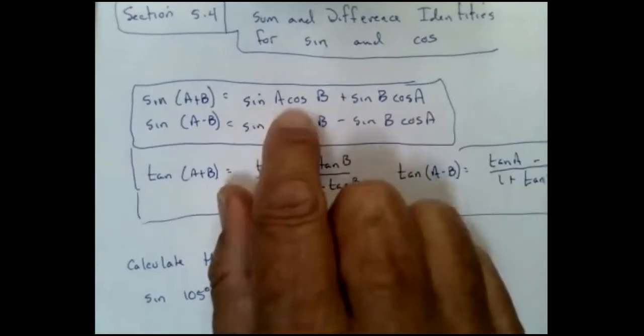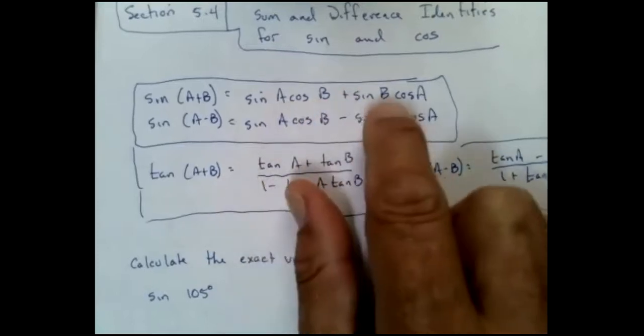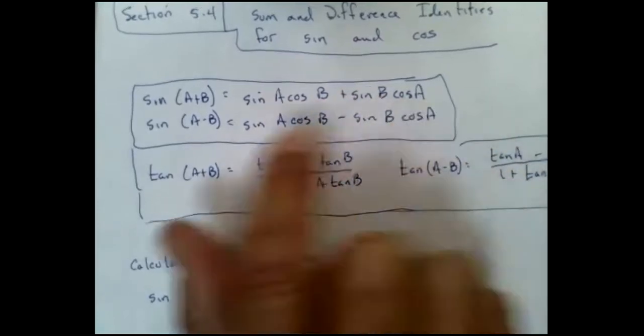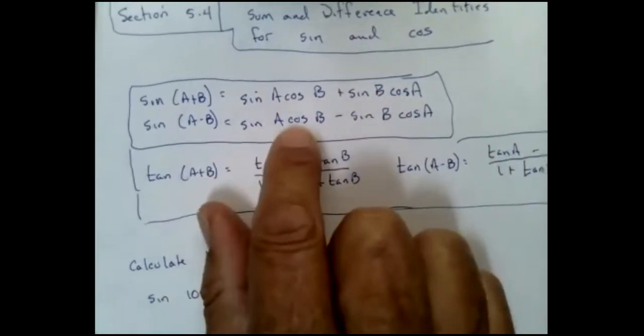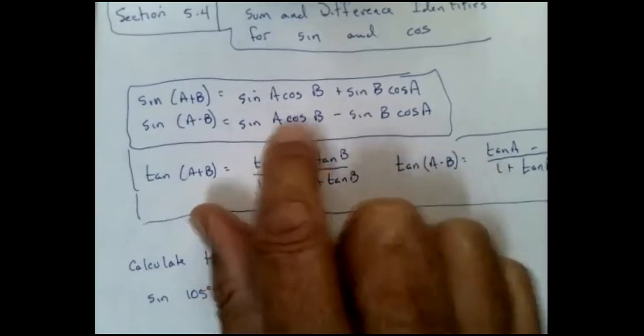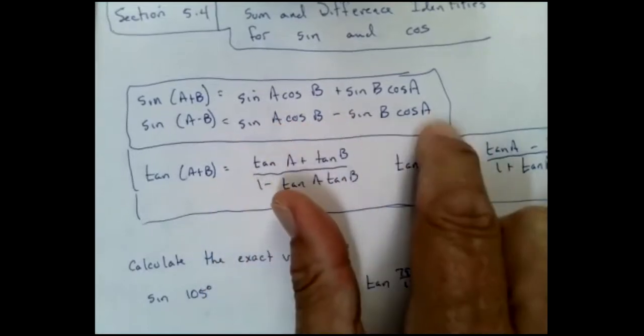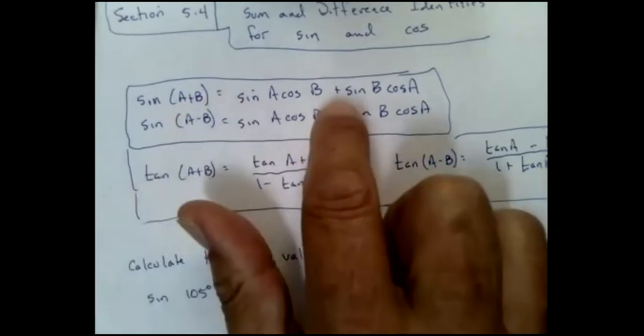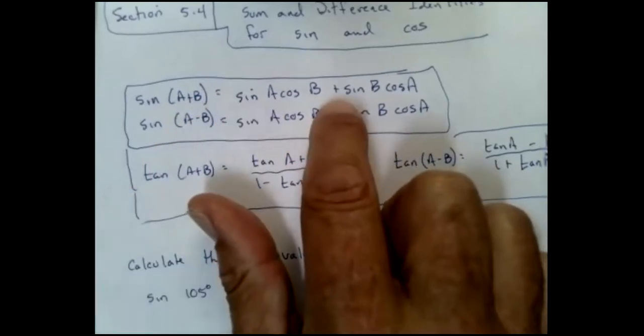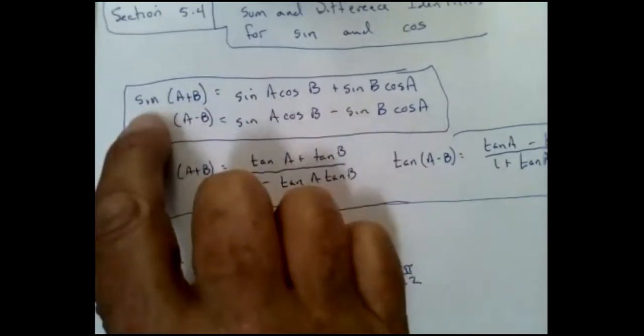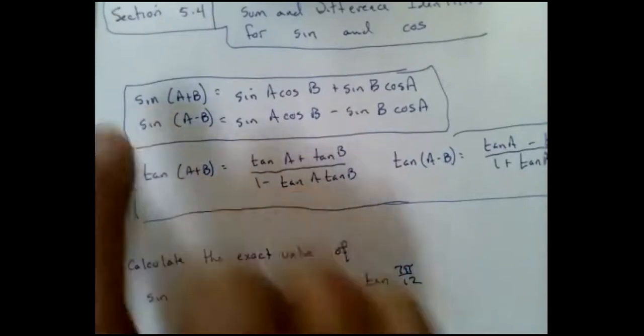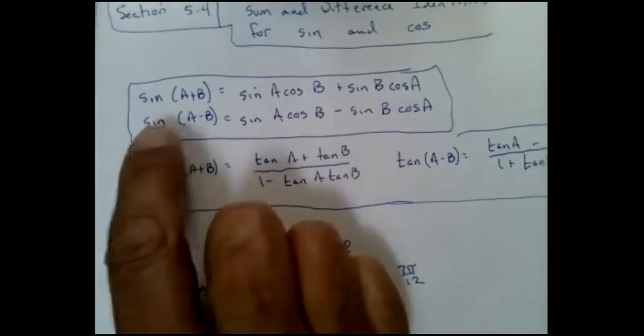So this is sine and cosine, first and second, second and first. Plus and plus, unlike the cosine where they're the opposite, the sine, they're the same. I don't know how you want to remember that.